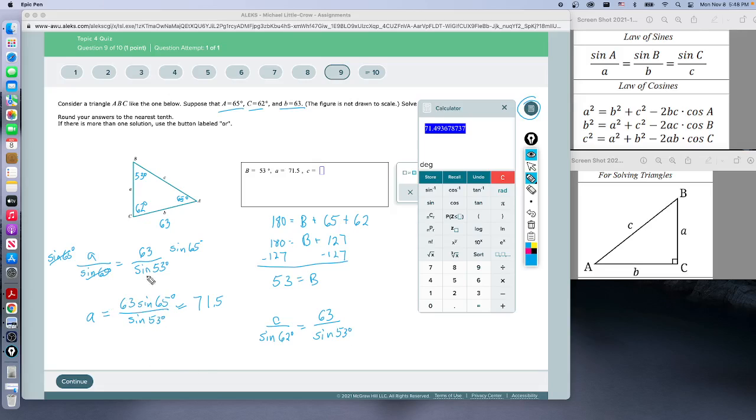So notice we used it here, so we're using the same values. Just this time we're going to multiply both sides by the sine of 62 degrees.